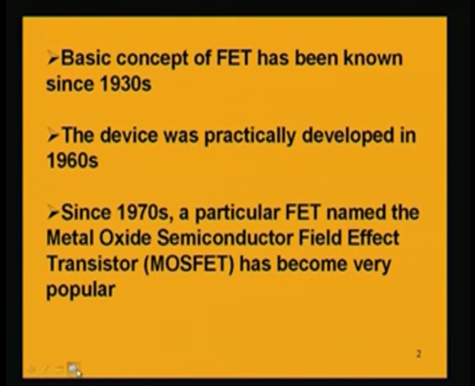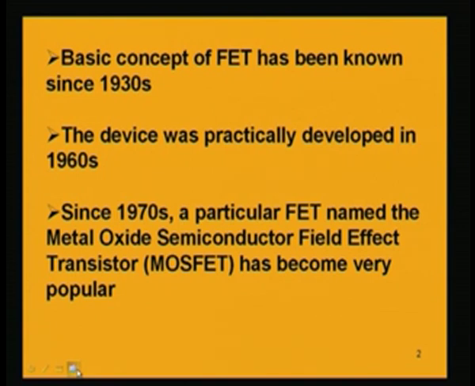Now, the FET has been known since the 1930s. The basic concept of the FET was developed in the 1930s, but practically this device was developed in the 1960s. Since the 1970s, a particular type of FET, known as the metal oxide semiconductor field effect transistor, or in short the MOSFET, has been very popular.